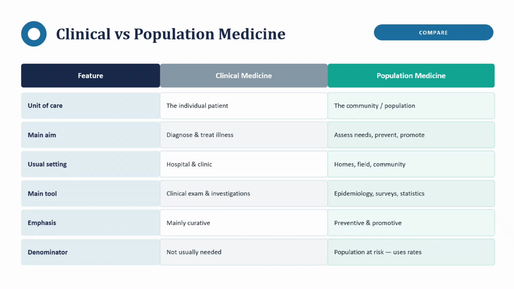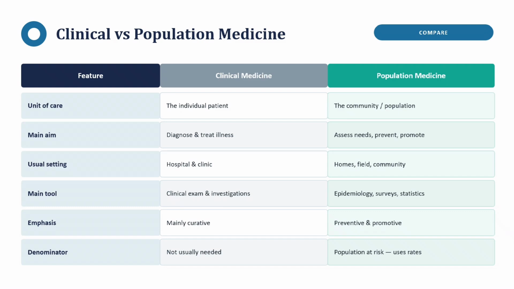And in clinical medicine, the emphasis is more on curative, whereas in population medicine or community medicine, it is basically preventive and promotive.